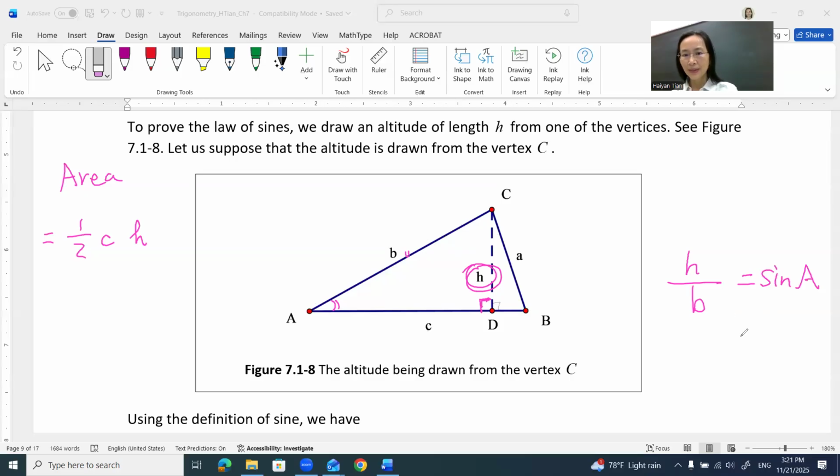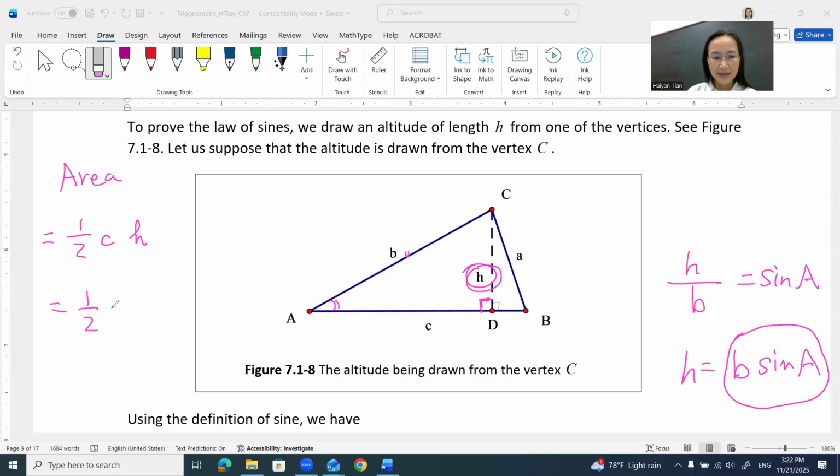And then h is b times sine A. So we're going to use this, and recall that our area is half c, the base, times height.